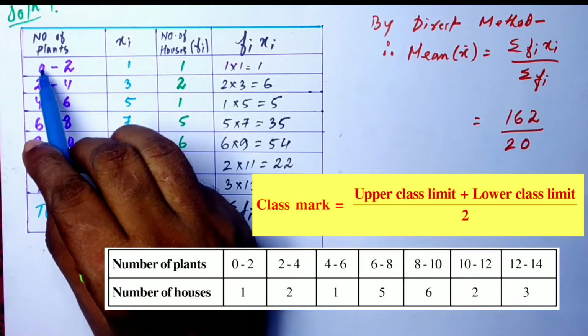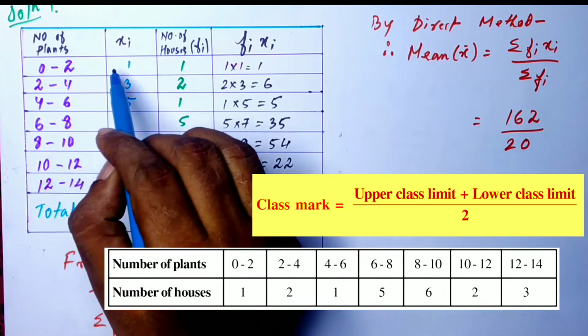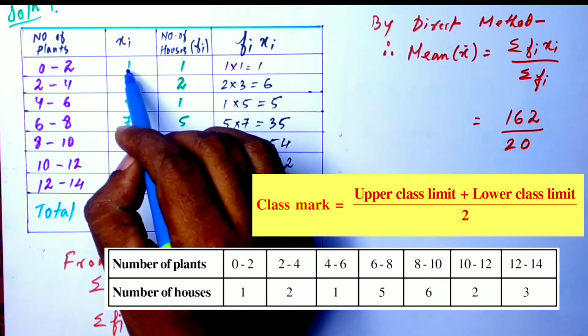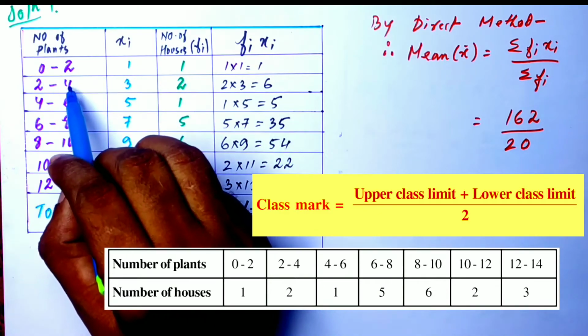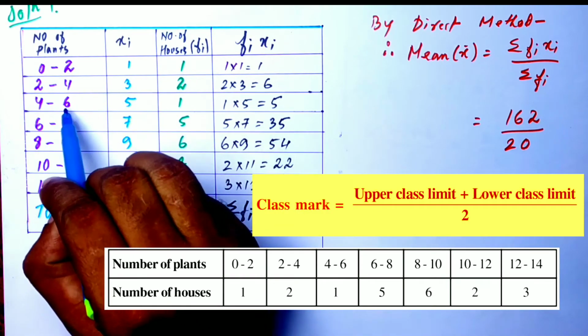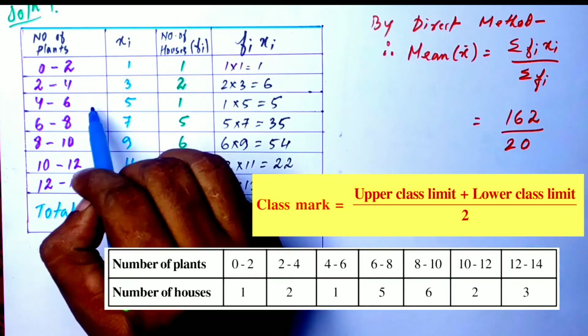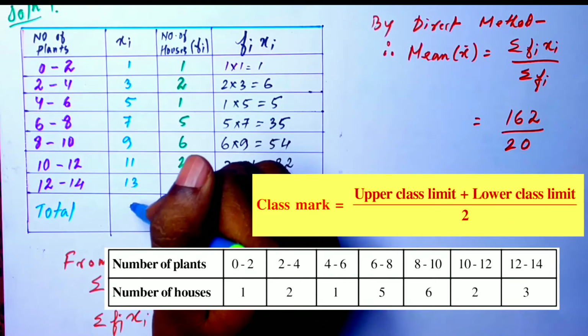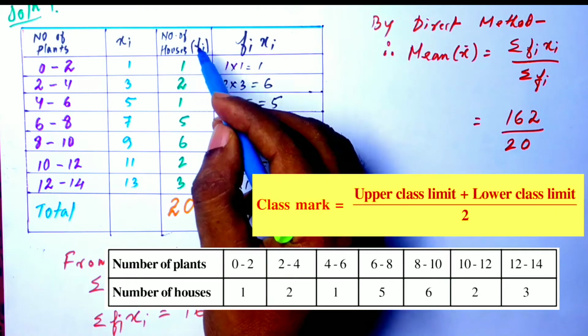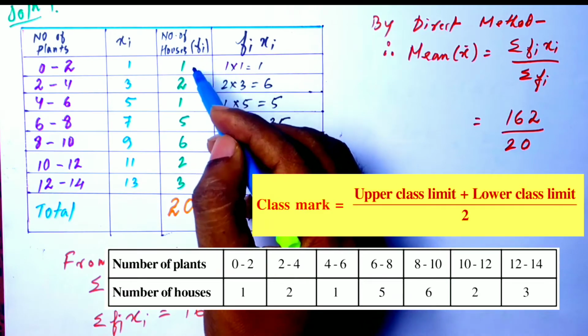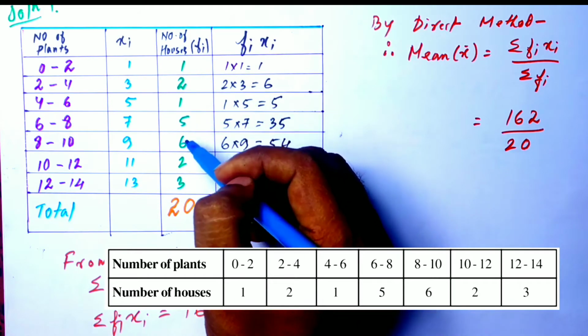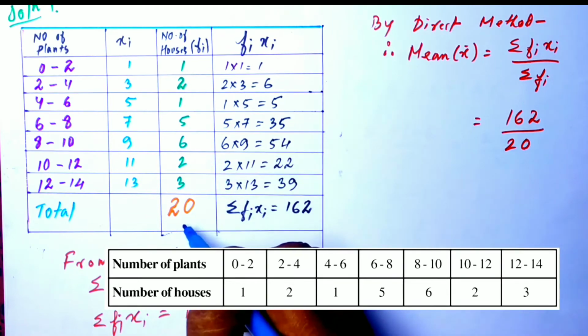We add the upper limit and lower limit and divide by 2. 0 plus 2 is 2, divided by 2 is 1; 2 plus 4 is 6, divided by 2 is 3; 4 plus 6 is 10, divided by 2 is 5. In the same way we got the others. The number of houses fi is 1, 2, 1, 5, 6, 2, 3, total is 20.